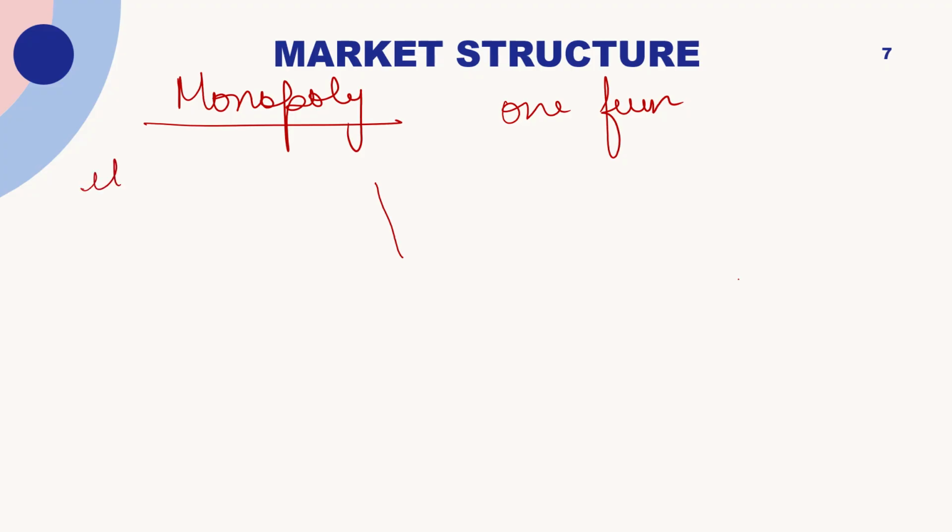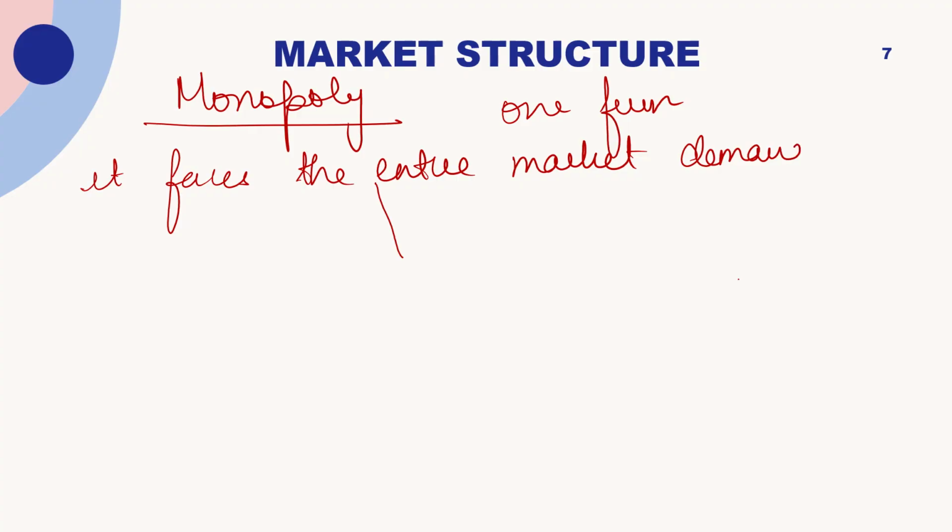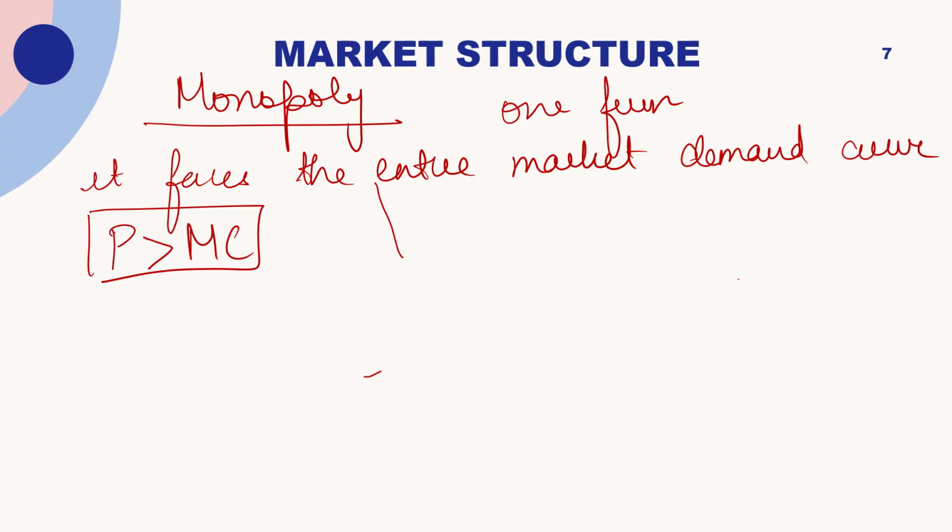It faces the entire market demand curve. And we had seen in perfect competition that your price is equal to your MC when we talk about profit maximization. But here remember, P is greater than MC. Very important point. And here there are no such substitutes available.